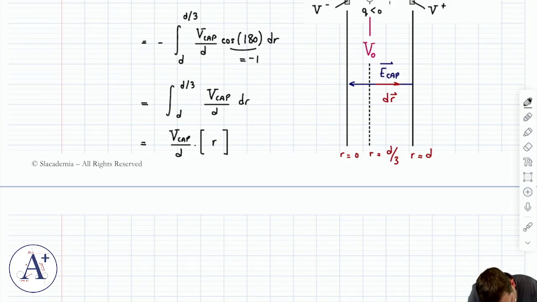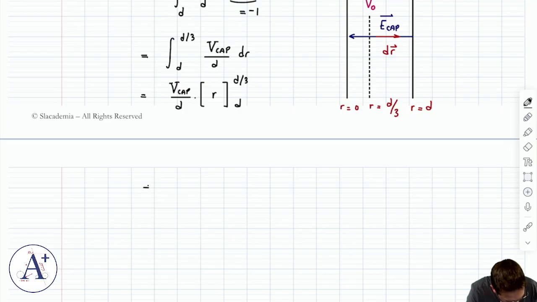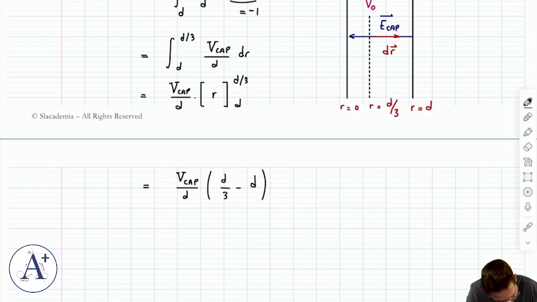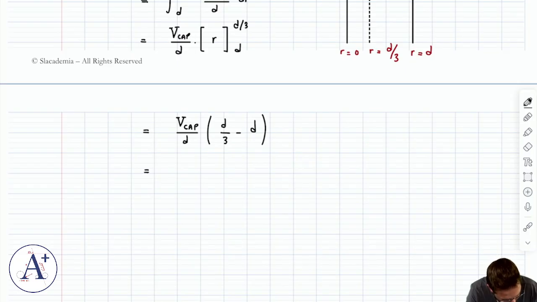And then I evaluate between the bounds. And so that's going to be V cap over d times d over 3 minus d. That's minus 2/3 of d, and then the d cancels, so it's minus 2/3 of V cap.